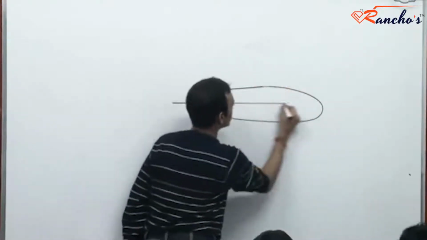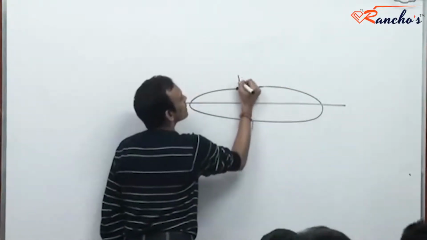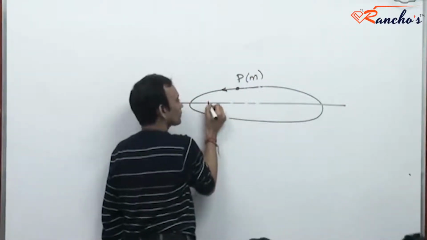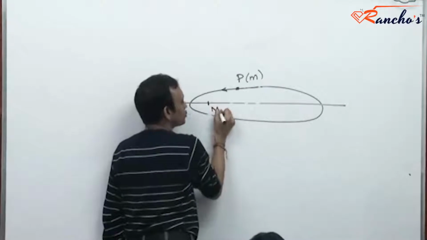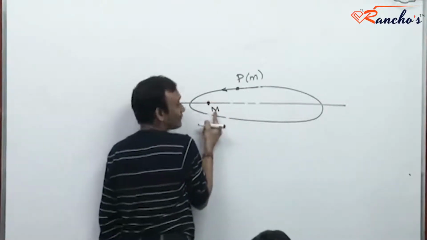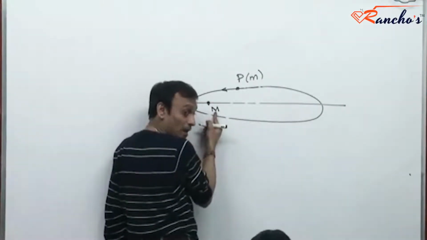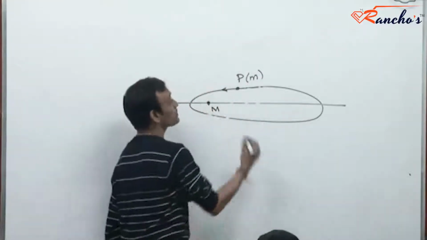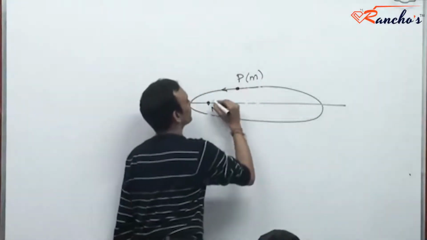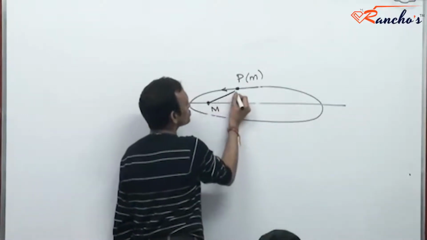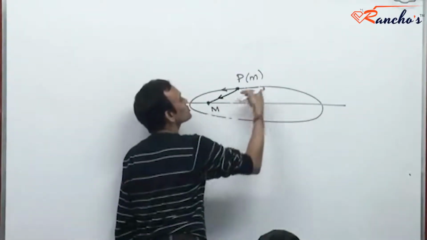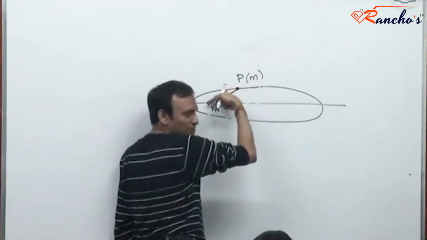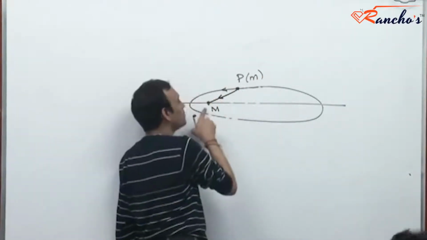Now, one thing for sure, while this small mass m executes an elliptic path about a fixed mass capital M, that is, under the gravitating influence of this fixed mass capital M, then at any point P, it experiences a force whose line of action will always pass through capital M, one of the foci.